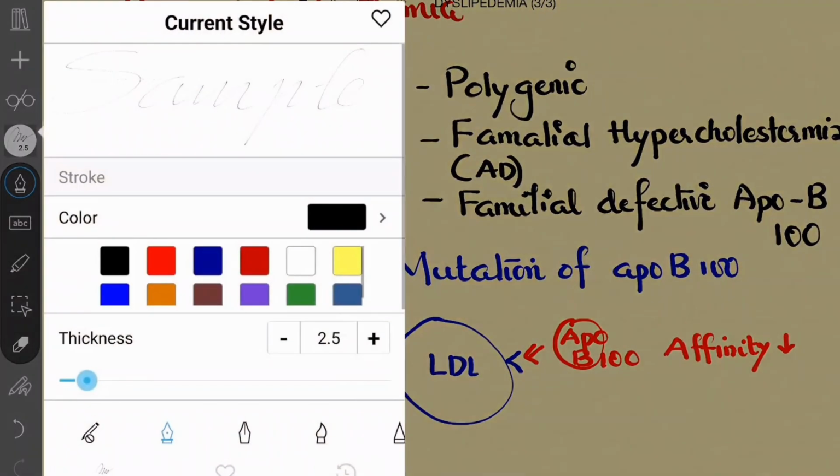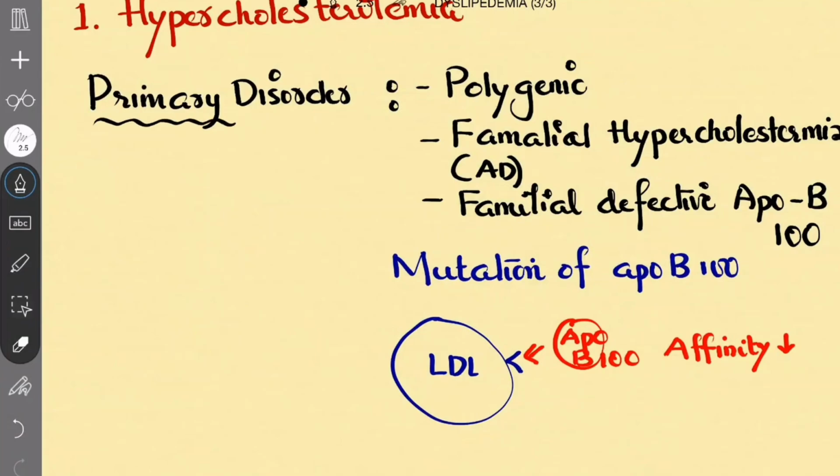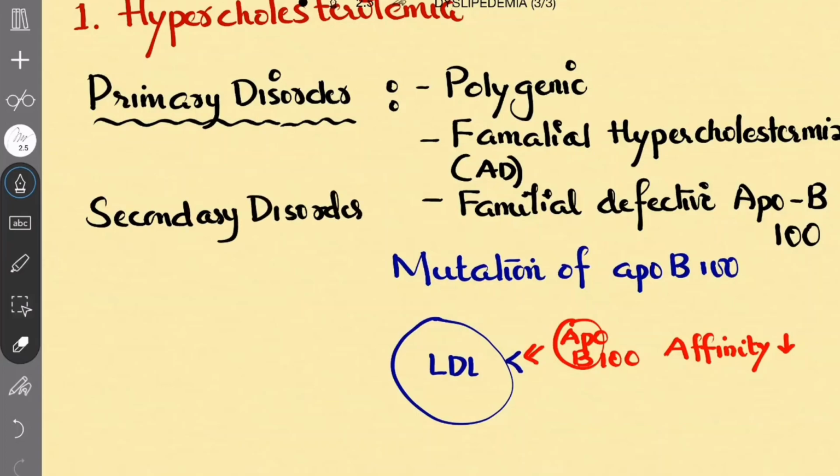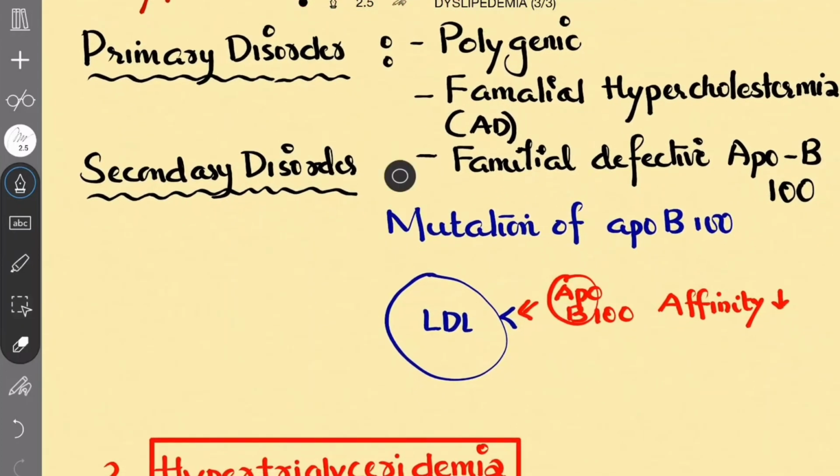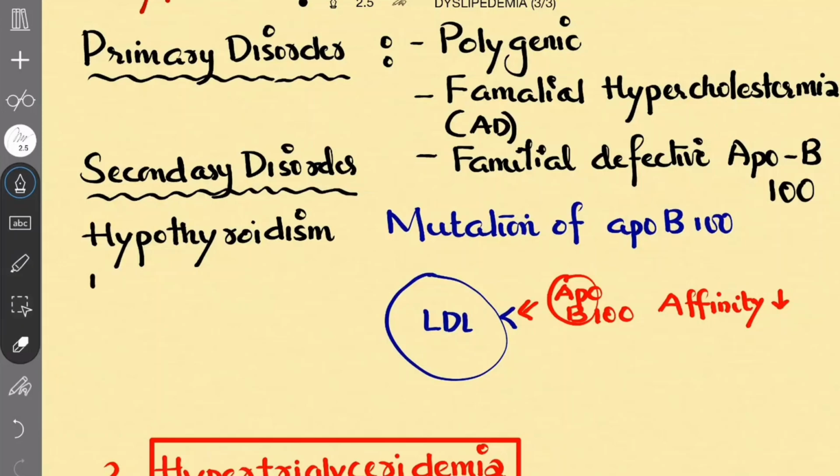These are the primary disorders of hypertriglyceridemia. Here I forgot to mention the secondary. What about the secondary disorders? The secondary disorder can be hypothyroidism, nephrotic syndrome, a hyperlipidemic condition, and next, anorexia nervosa.